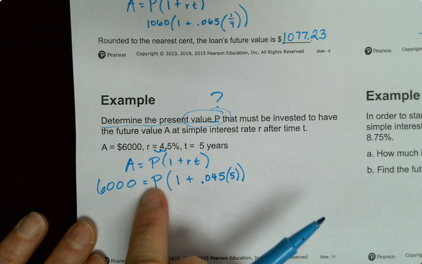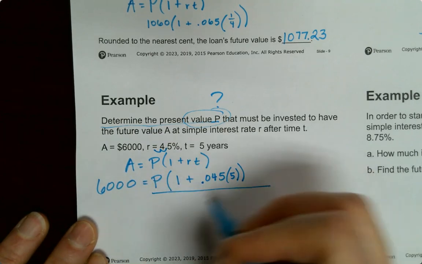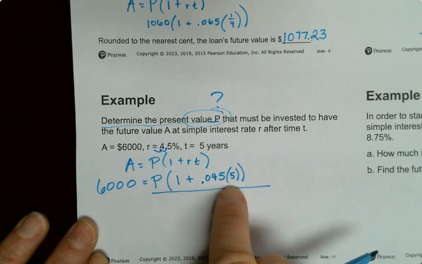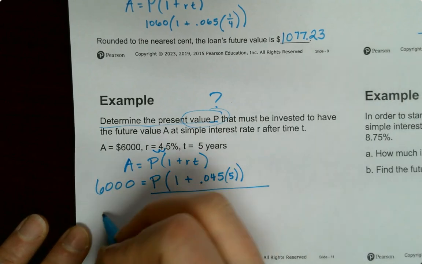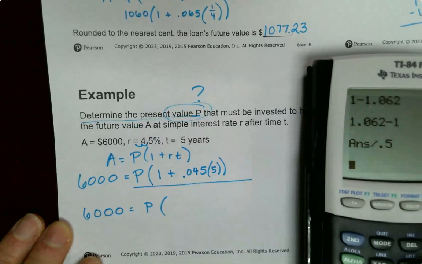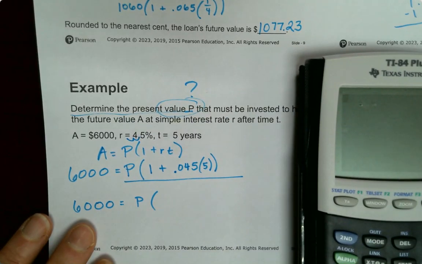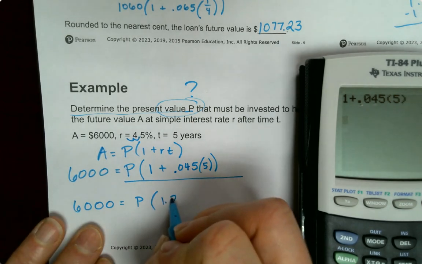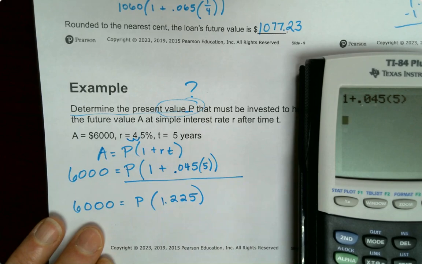So this is a little different. We have our variable here, so we need to simplify this first and then divide by it. So 6,000 equals P times, go ahead and do what's in parentheses, 1 plus 0.045 times 5, which is 1.225.